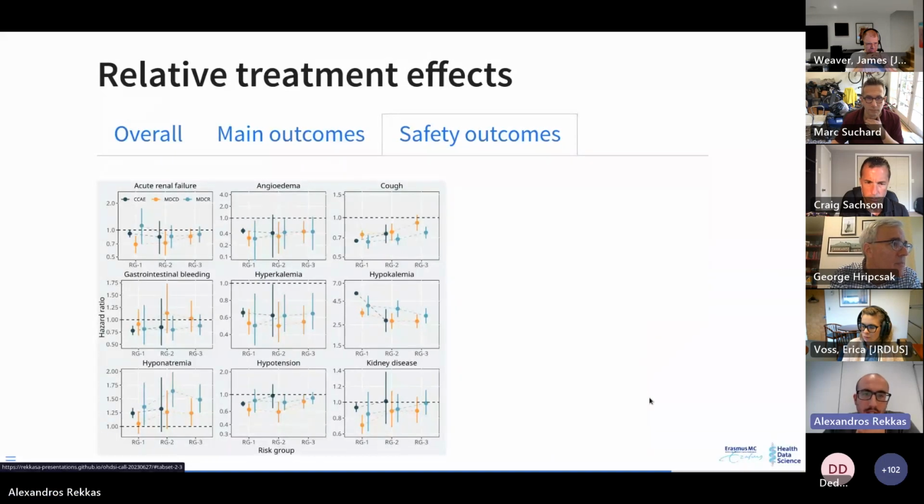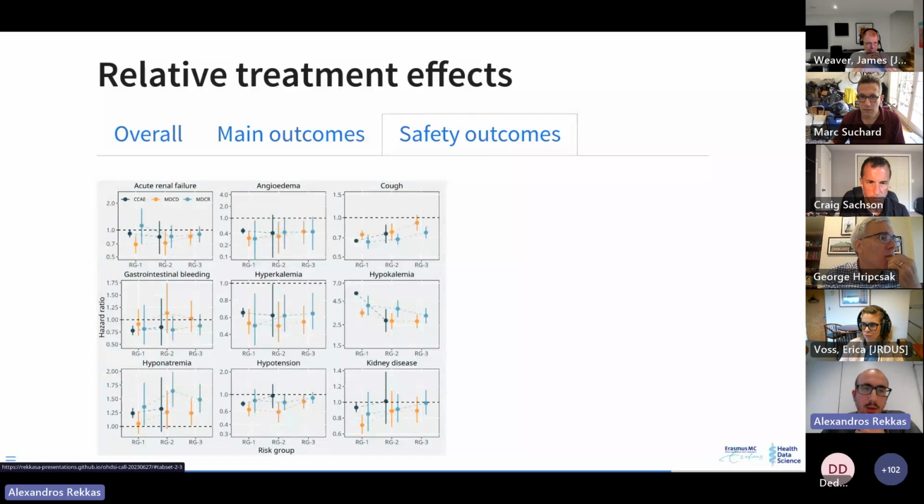We first see the important risk increase of angioedema and cough with ACE inhibitors, and on the opposite side, the risk increase with thiazides for hypokalemia and hyponatremia as well.